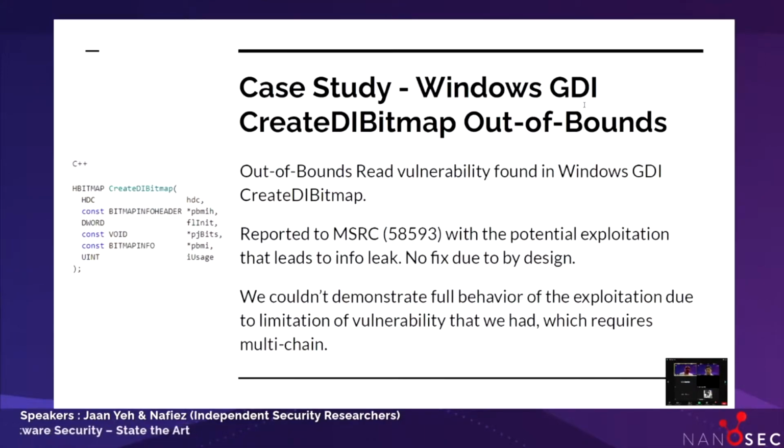This bug is basically an out-of-bounds read vulnerability, and we found it in the Windows GDI CreateDIBitmap, a function that creates a compatible DDB from a DIB and optionally sets the bitmap bits. We found it using WinAFL, and it took us only about 20 to 30 minutes to trigger the crash.